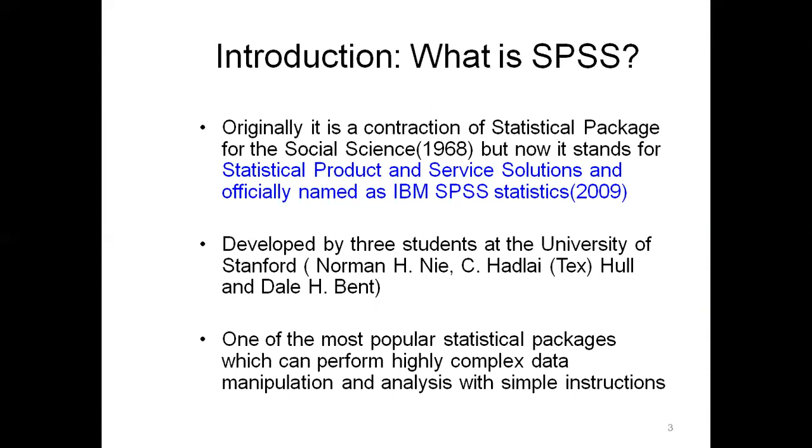The traditional and current version of IBM SPSS Statistics, the running version, is IBM SPSS Statistics 25. And also IBM SPSS Statistics version 26 is going to launch on the anniversary of 50 years of SPSS Statistics.